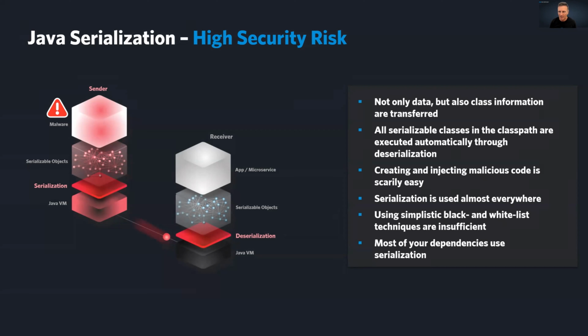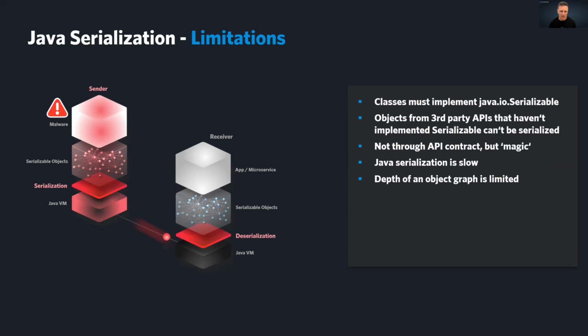Because it's that insecure, and by the way, it's not that fast, and it has limitations. So we were not sure. So actually, for us, this was not the way to go.